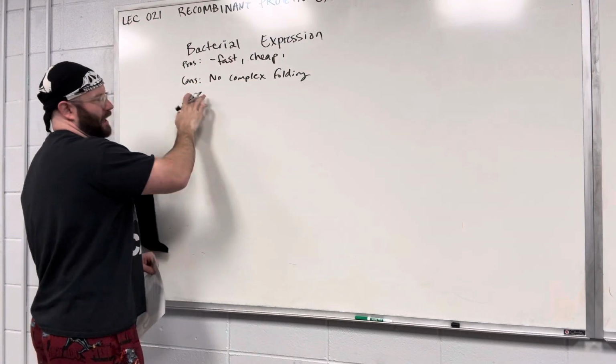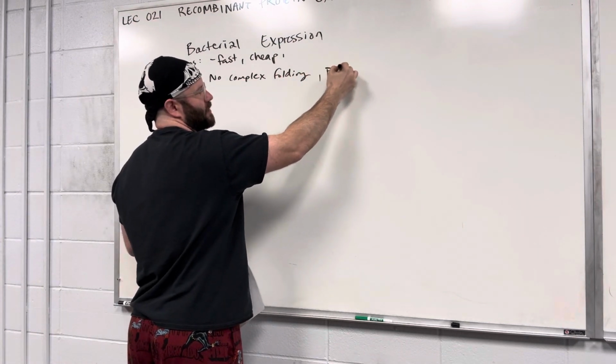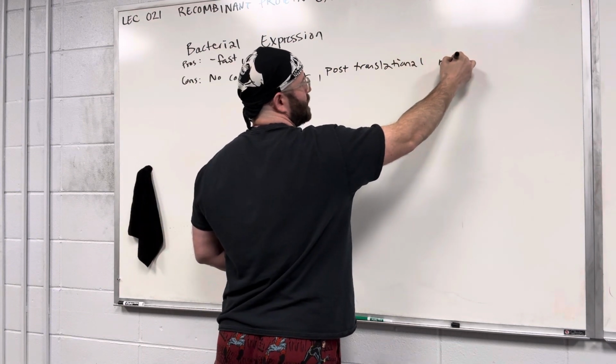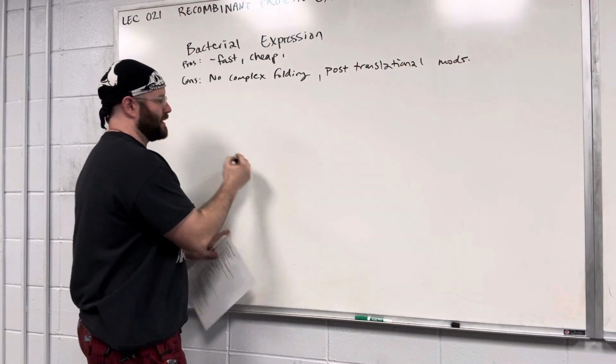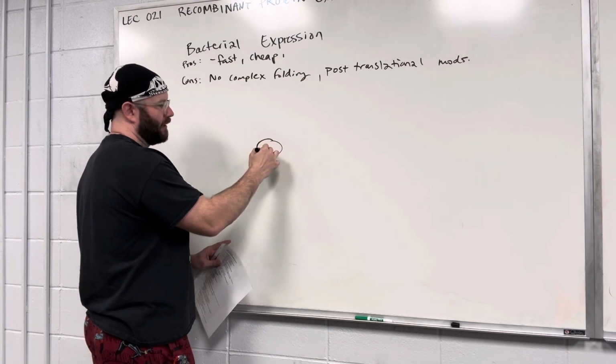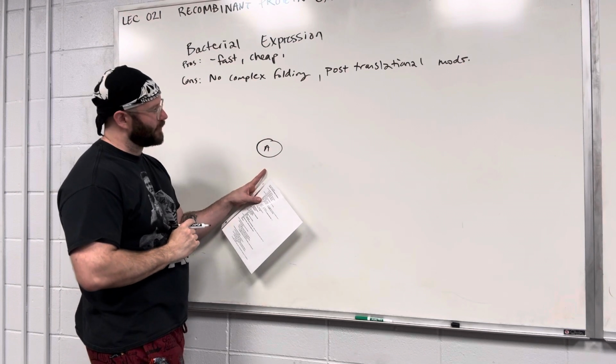Another thing that it cannot necessarily do is post-translational modifications. Many proteins, in a eukaryotic context, get made, and then this is not actually the final version of the protein.